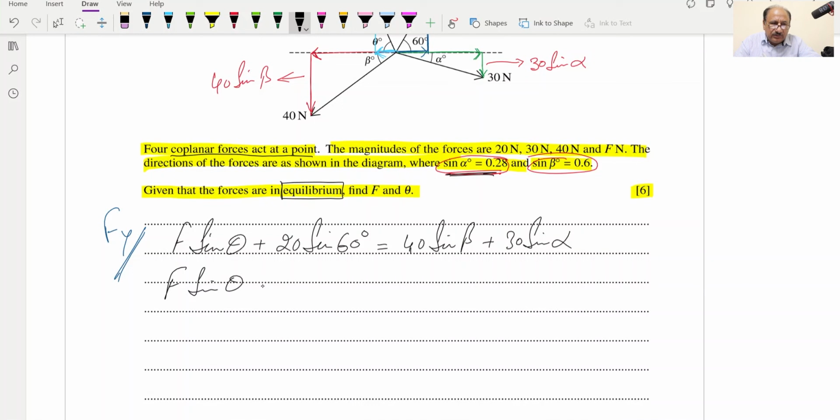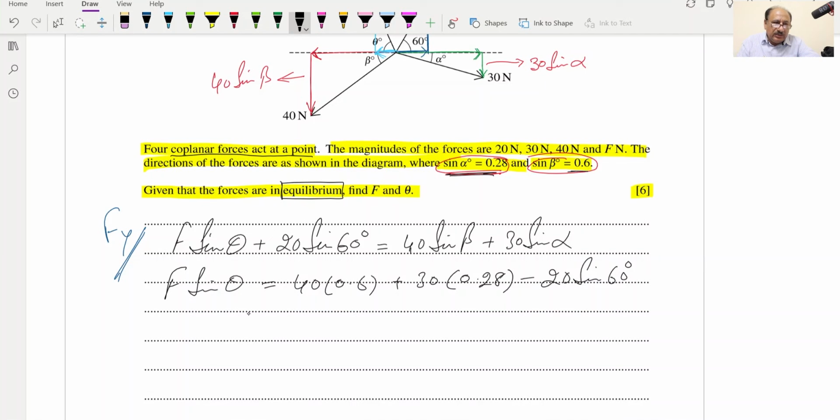So F sine theta is equal to 40 sine beta, and sine beta is 0.6, so 40 into 0.6 plus 30 into sine alpha, which is 0.28, minus 20 sine of 60, which we have shifted to the other side.